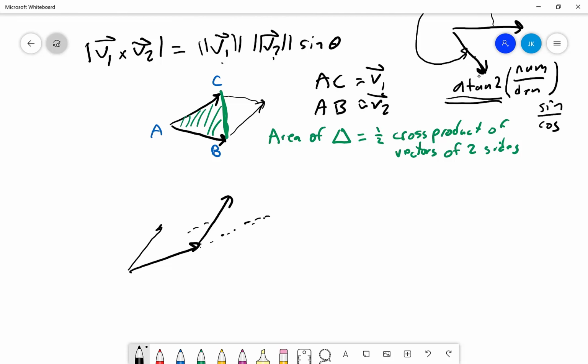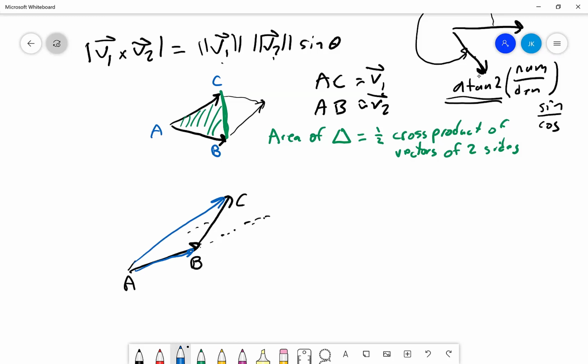So if I've got points A, B, C, and I'm just trying to determine whether I go left or right, it doesn't matter so much whether I go A, B and B, C, or look from A, B to A, C. Either way, it's like going left or going right.